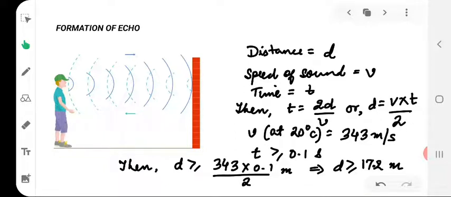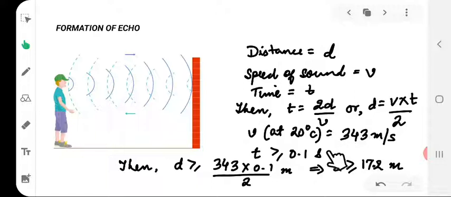Now we know that speed of sound at 20 degrees Celsius in air is roughly 343 meter per second. So obviously for an echo to be heard distinctly, time should be greater than equal to 0.1 second. This is due to persistence of hearing.